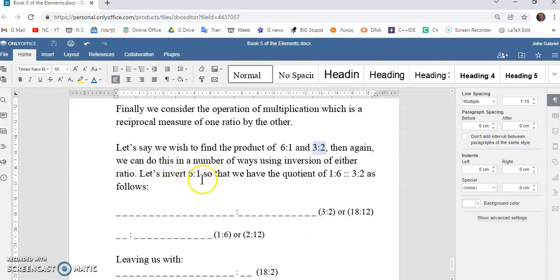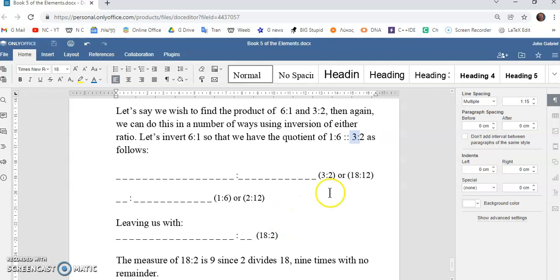So we can say, let's invert 1/6 so that we have the quotient of this ratio to this ratio as follows. If we invert 1/6, we're going to have this ratio here, and 3/2 is going to be the new ratio.